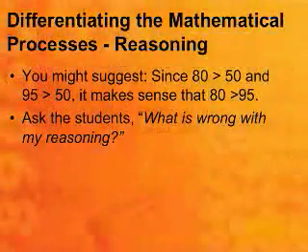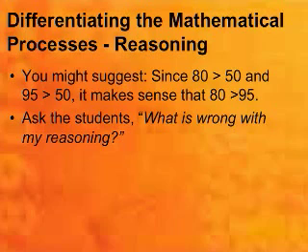I was telling this other teacher something, and they said I was off, and I just don't get it, so can you help me? I told them, well, 80 is more than 50, you know that, and 95 is more than 50, you know that, so it must be that 80 is more than 95, because they're both more than 50. So what's wrong with that? She said it's wrong, so help me figure it out.